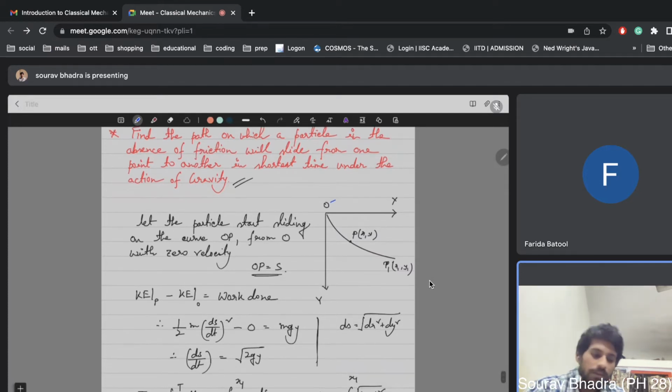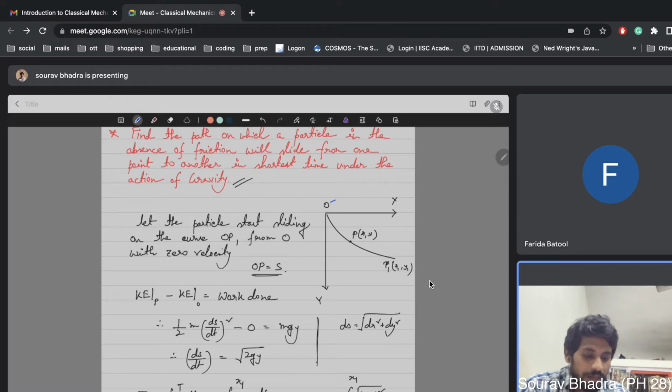Energy conservation tells us that the kinetic energy of the particle at P minus the kinetic energy at O is equal to the work done in moving from O to P.